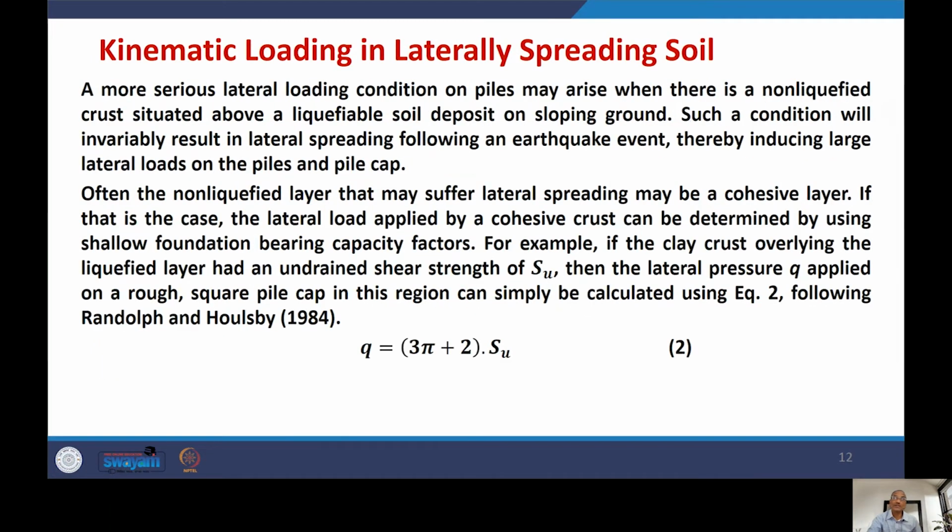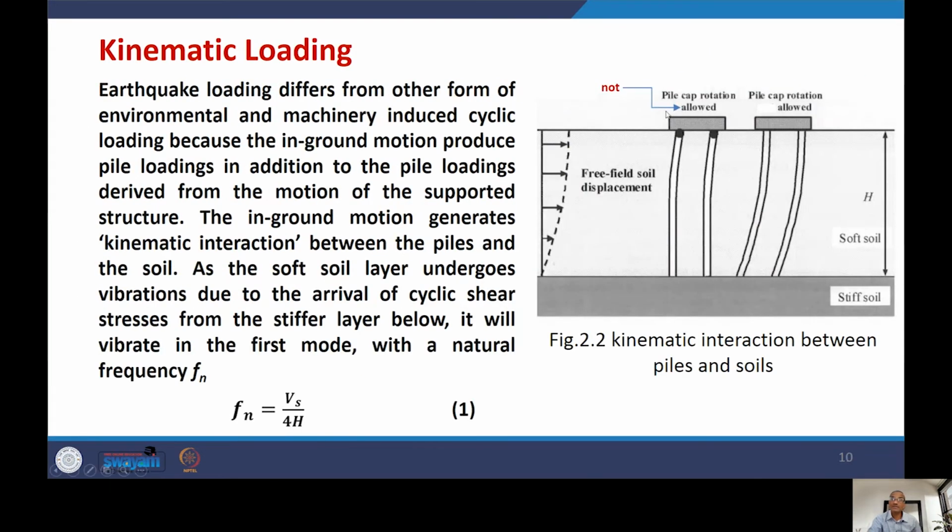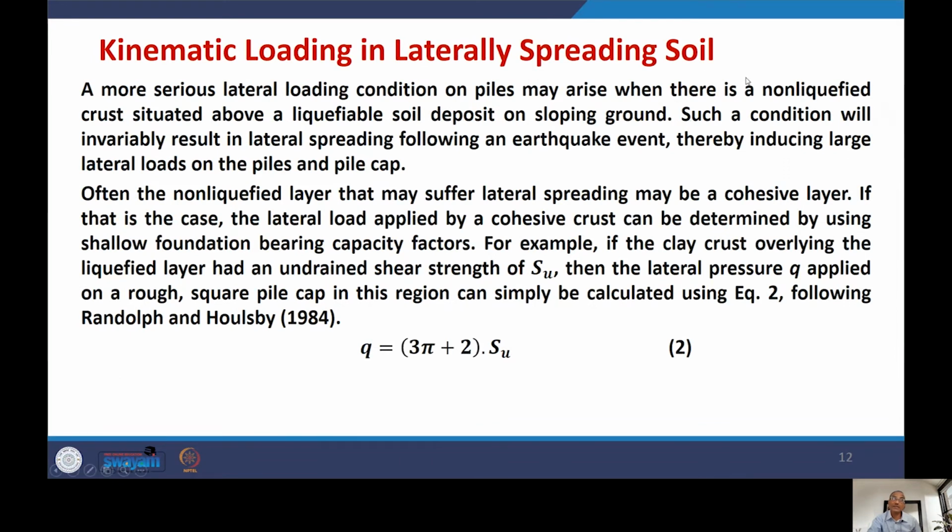So that means these piles will be passing through three layers, resting on stiff soil, but first passing through the stiff crust and then coming to the liquefiable soil. Let us assume that this soft soil is liquefiable. In that case, what will happen? The top layer will exert the lateral spreading, and this is to be considered in the analysis.